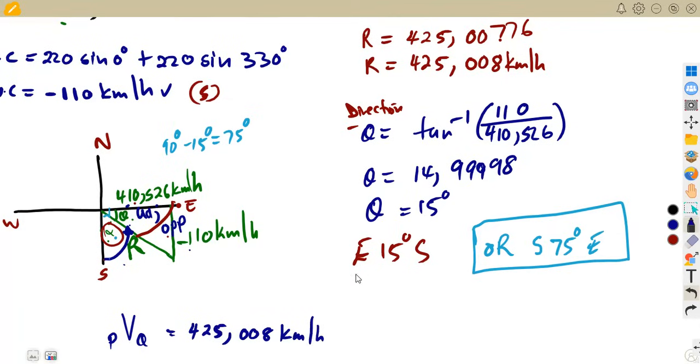Then the direction in this case is east 15 degrees to the south, or you can use this one, it's up to you, all right? Or you can write in words the velocity of P relative to velocity of Q. All right, so that's it.